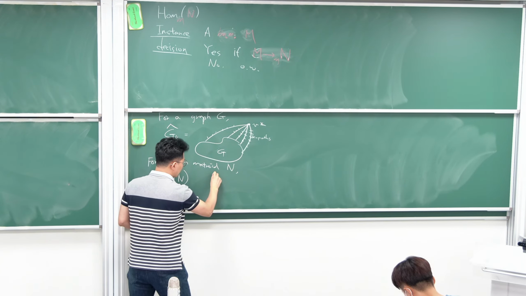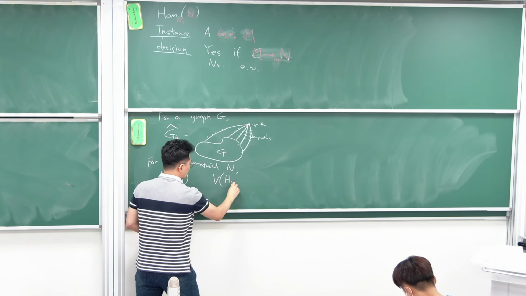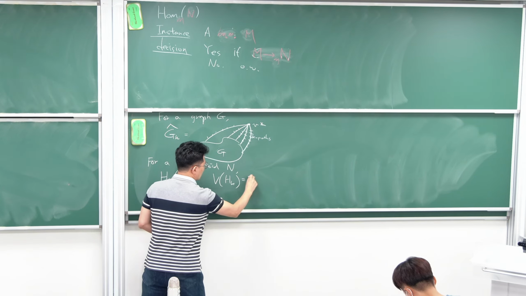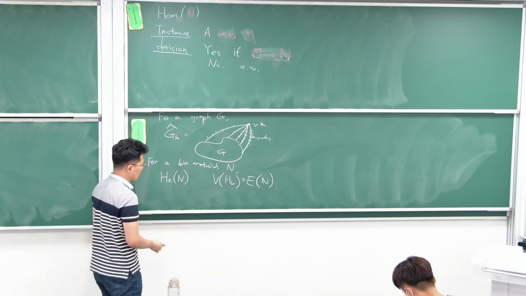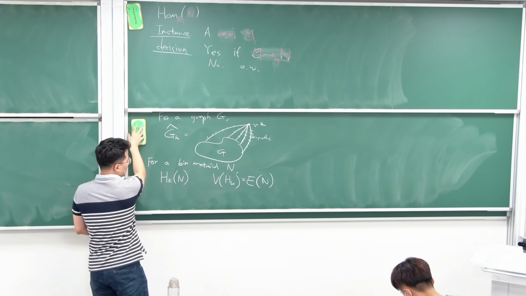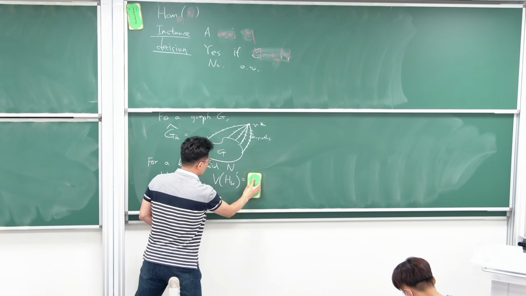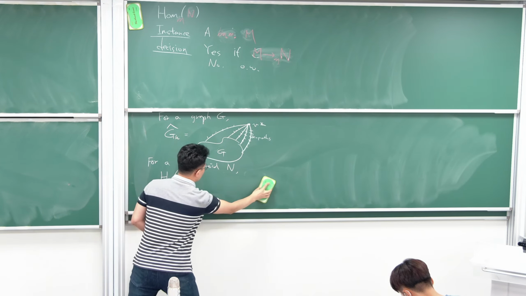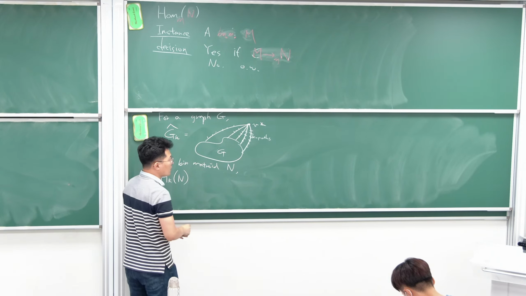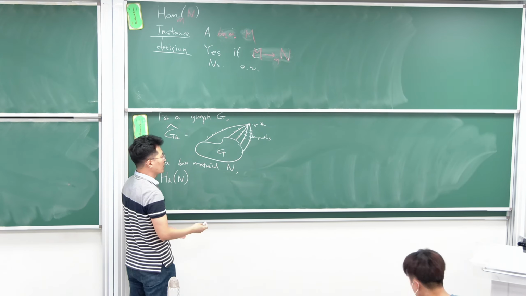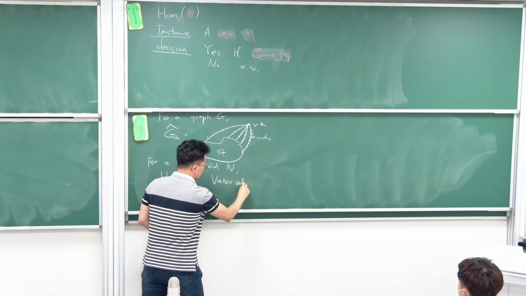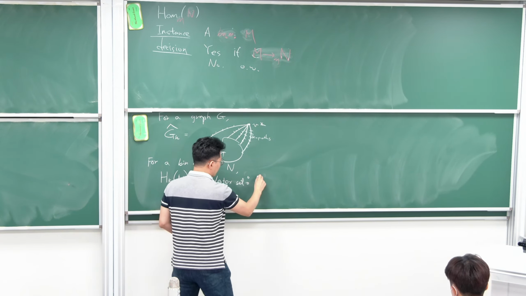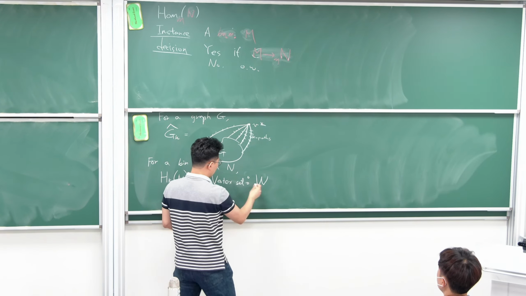The vertex set is the subsets of the ground set of N. So let's say W is a vertex of this graph.